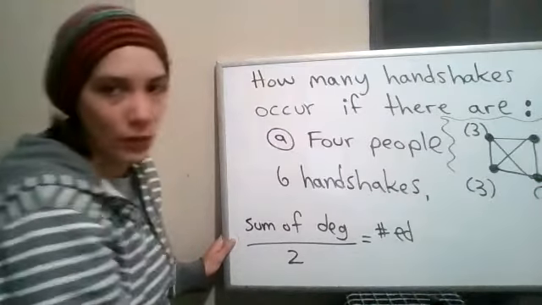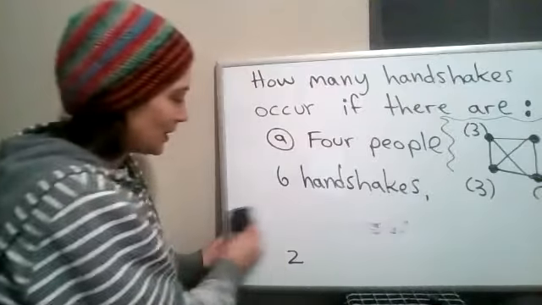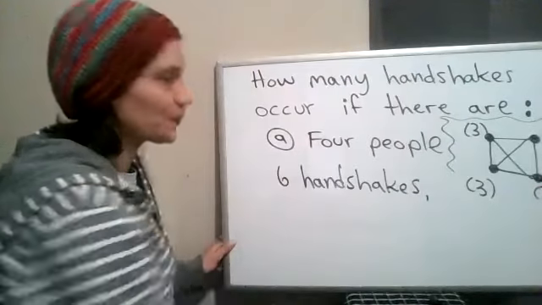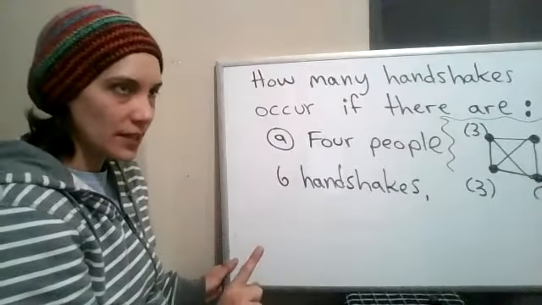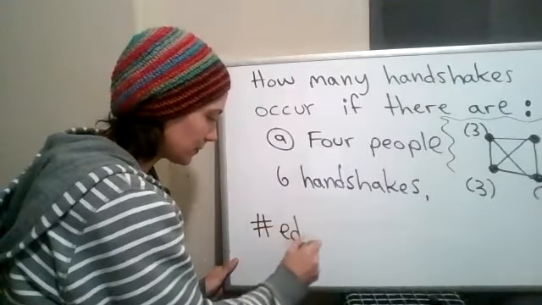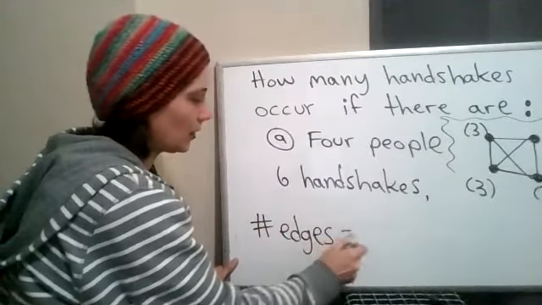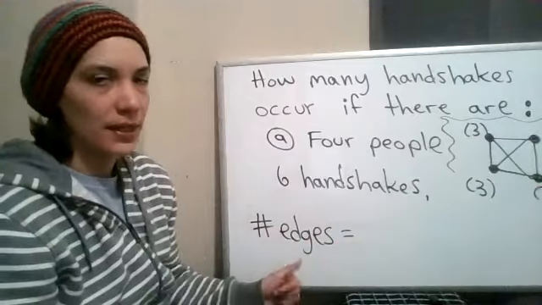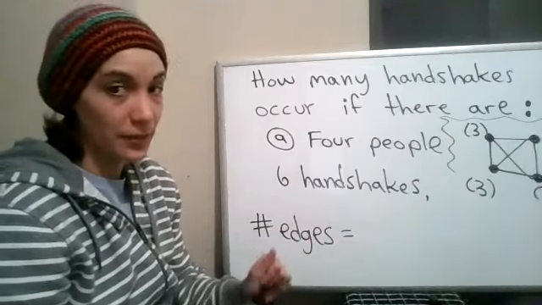All right, one more try. I just want this to be clear. Number of edges is what we're looking for. Okay, and that's going to be the sum of degrees divided by 2.